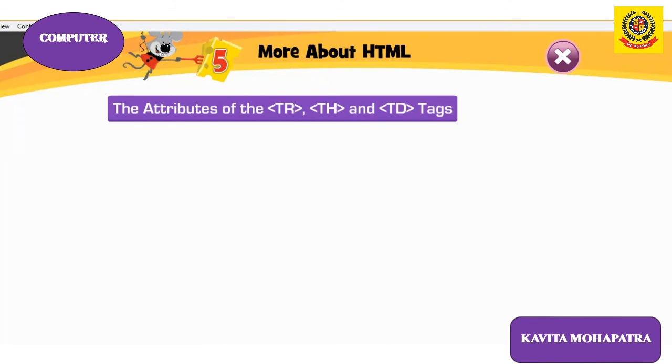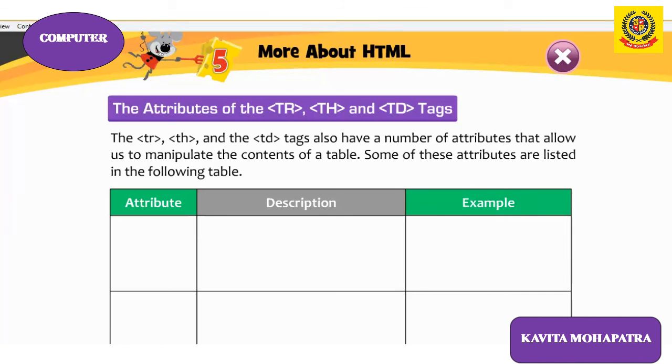The attributes of the tr, th, td tags also have a number of attributes that allow us to manipulate the contents of a table. Some of these attributes are given in this table. The align attribute is given in your book, page number 86.